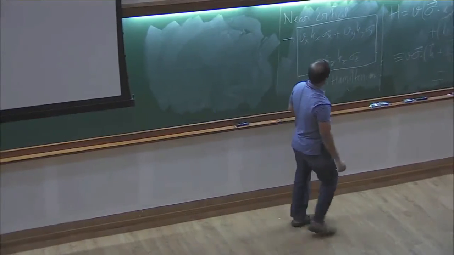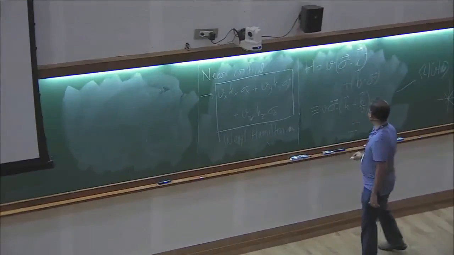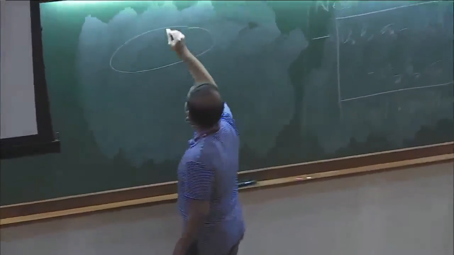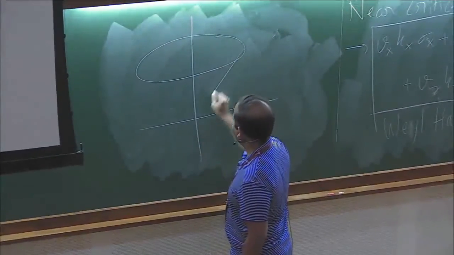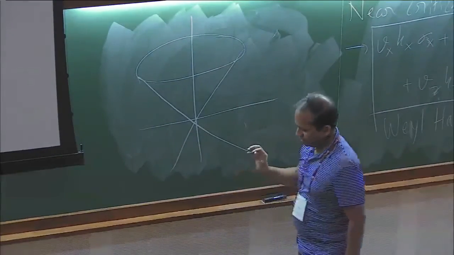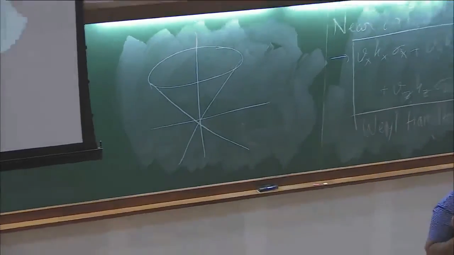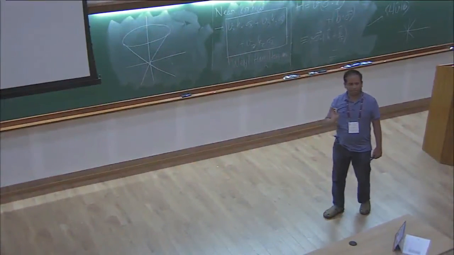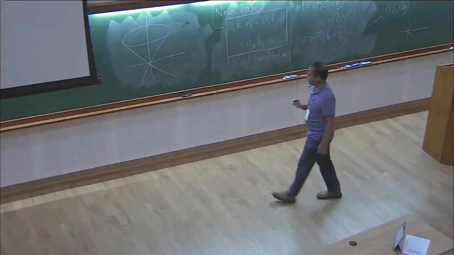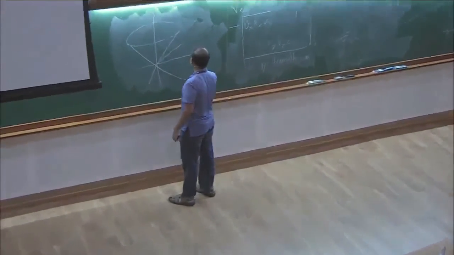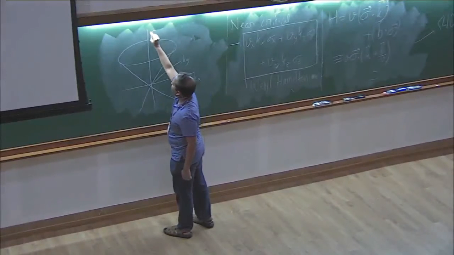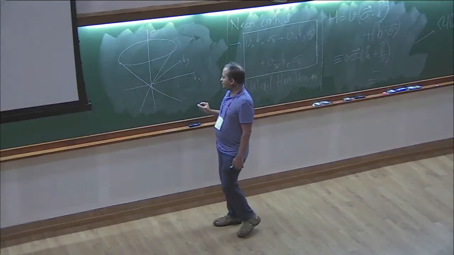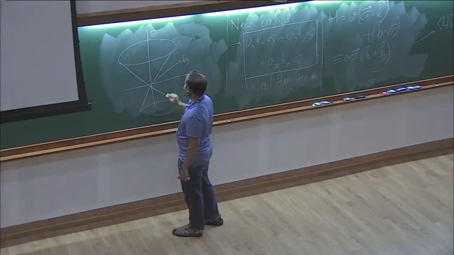So the question that one needs to ask is, let's say I take this Weyl Hamiltonian and I set one of the momenta to 0 for a second. So I apply a magnetic field along the z direction so that I set the z momentum to 0. So this is now kx, ky, e, and kz has been set to 0. And then I ask myself, okay, I apply a magnetic field, so what are the Landau levels?